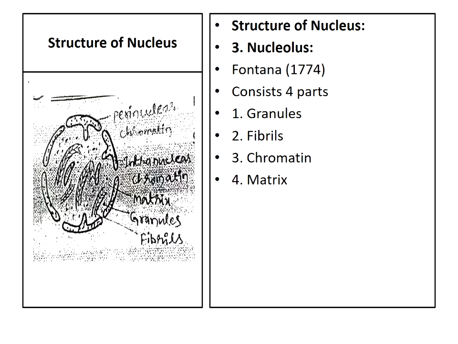The matrix of the nucleolus is called amorpha, and it contains fibrils and granules of 150 to 200 angstrom diameter. The fibrils are of 50 to 80 angstrom.